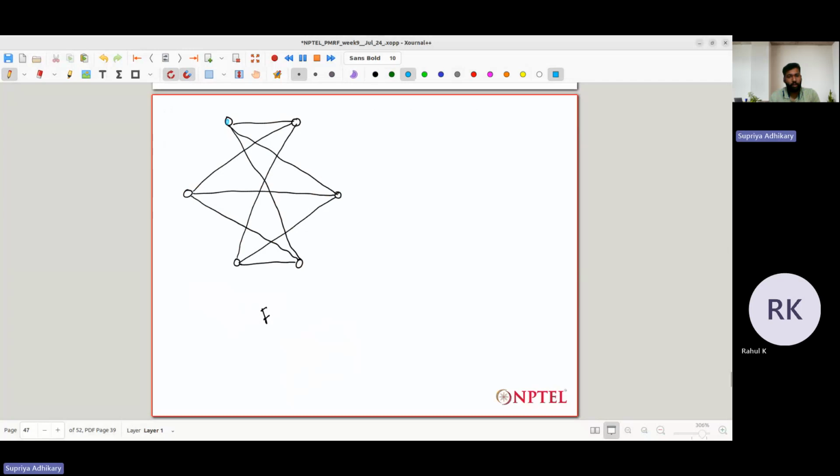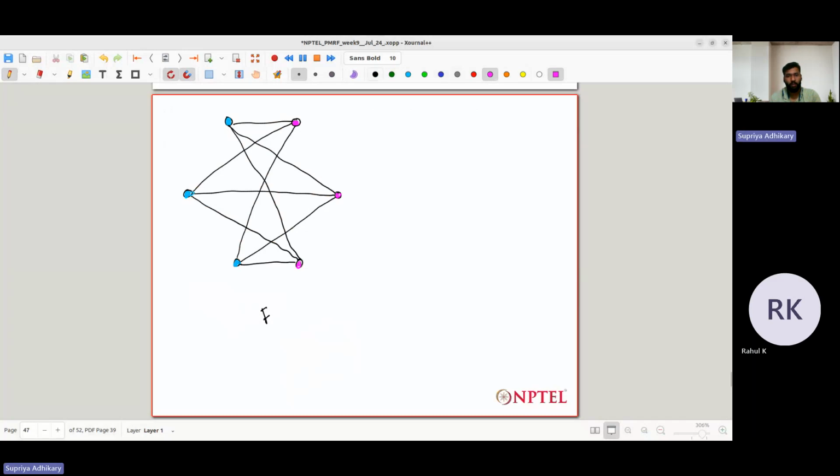Now we can use only two colors to color this graph. And this is a very valid coloring because there exists no edge from this vertex to this vertex. So definitely this is a valid coloring.